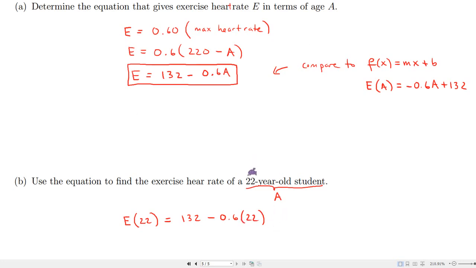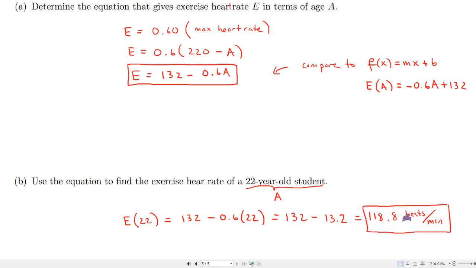So this is 132 minus 13.2. So we are actually getting 118.8, and this would be beats per minute. I guess if you want to round up, you could say it's 119. All right.